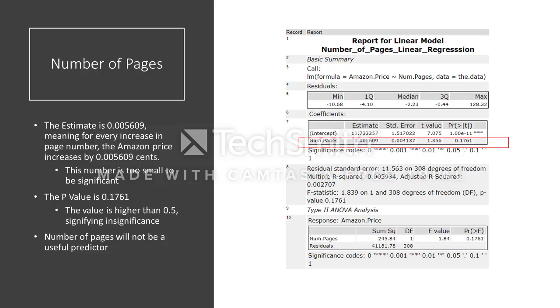This number is too small to be significant. Moreover, the p-value is 0.1761. This value is higher than 0.05, which signifies that this relationship is insignificant, and the number of pages should not be used as a predictor.